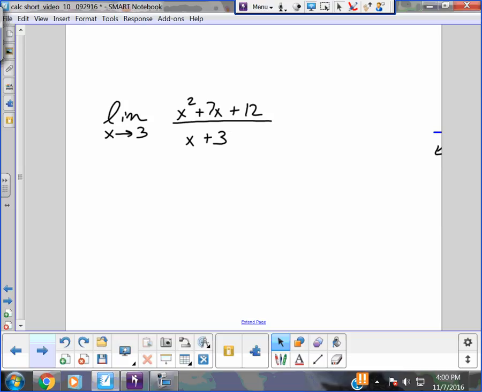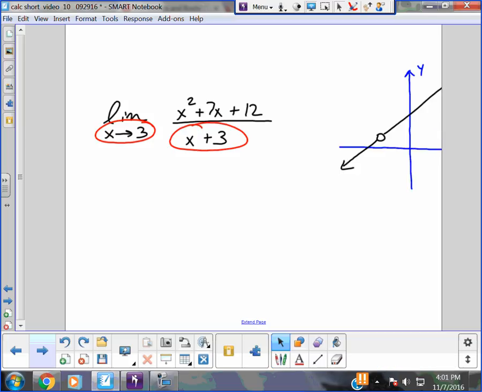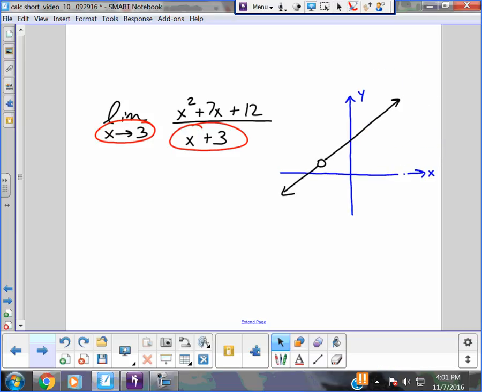This is one that often gets students because they look at it and they see x squared plus 7x plus 12, and they think to themselves, oh my gosh, I have to factor this. Don't waste time factoring. Does 3 make the denominator 0? It does not. A rational function is continuous in its domain. So this is a removable one.